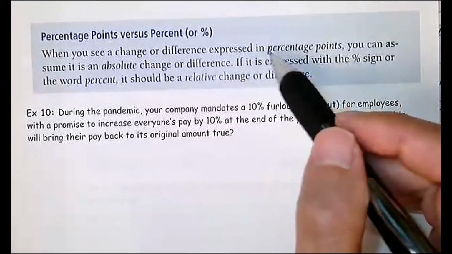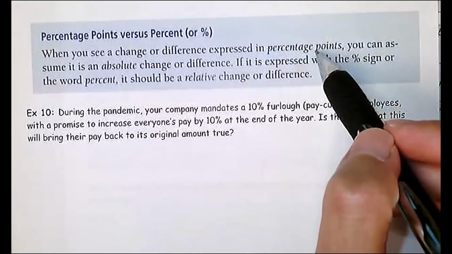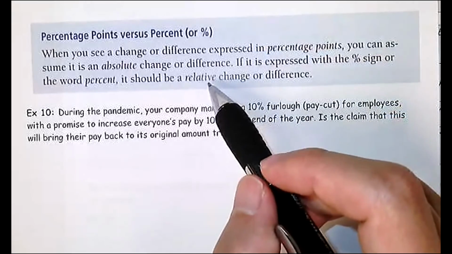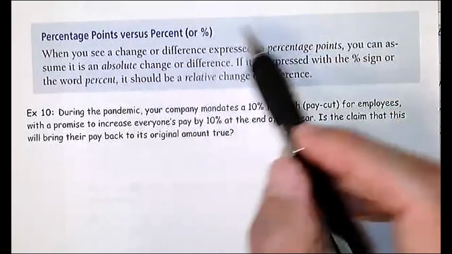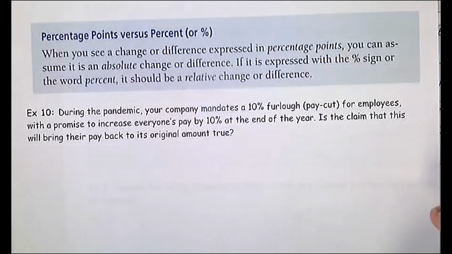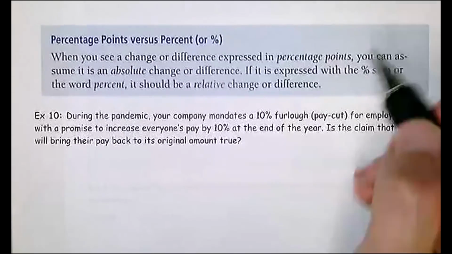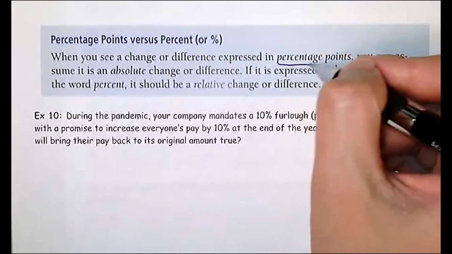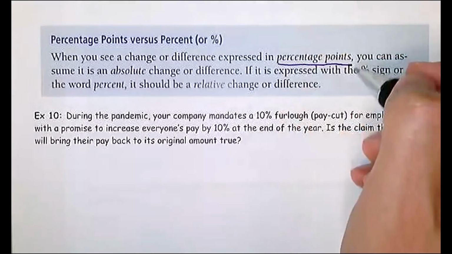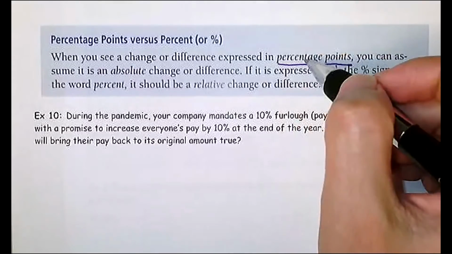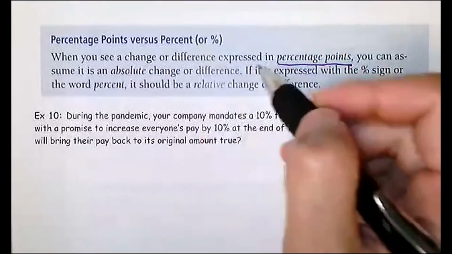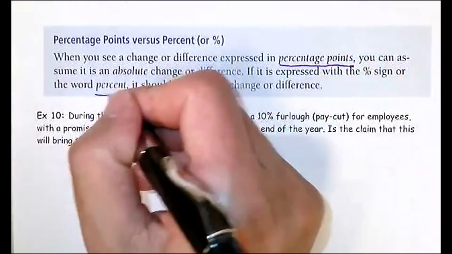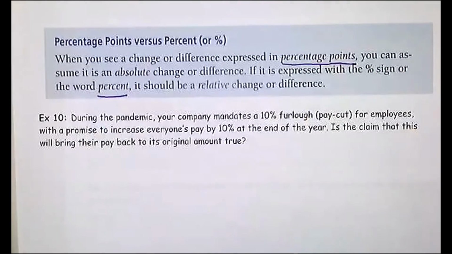The difference, percentage points, and the word percent. I'm sorry, can you ask it one more time? Yes. So what is he trying to say about percentage points here? So here he said percentage points, and he also wants to say something about a percent. So what is he trying to tell us here?